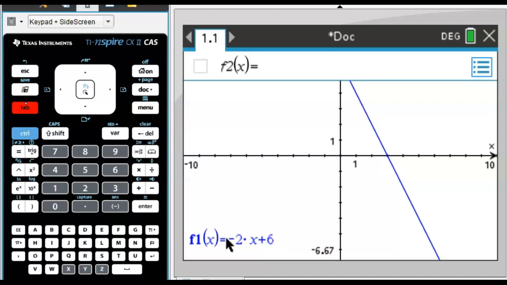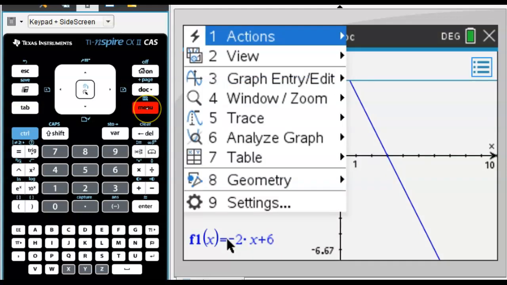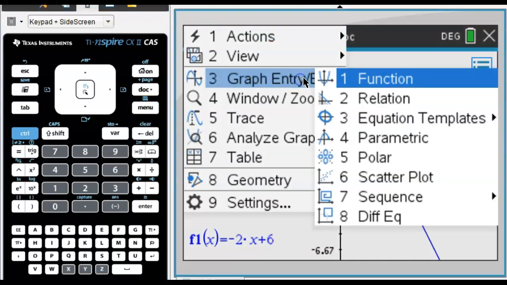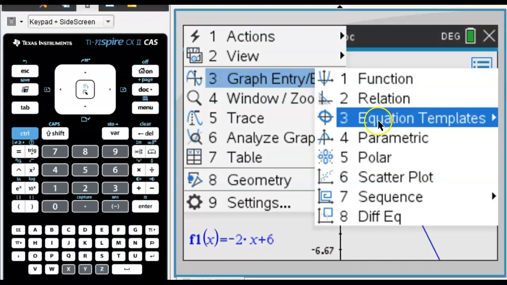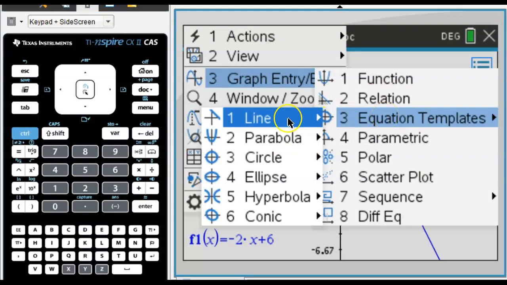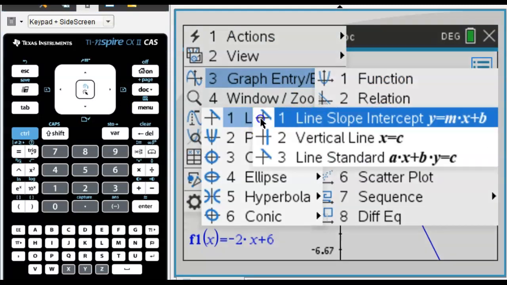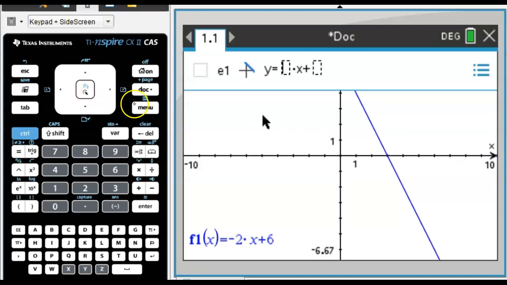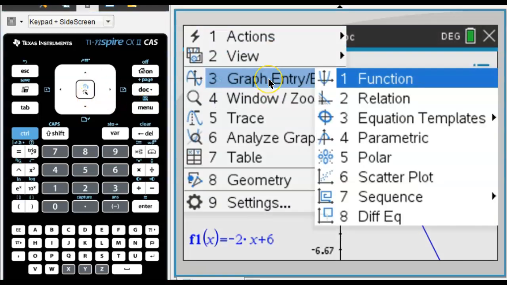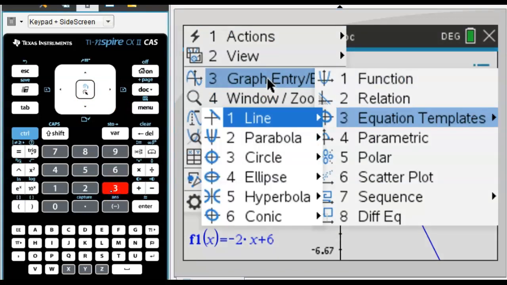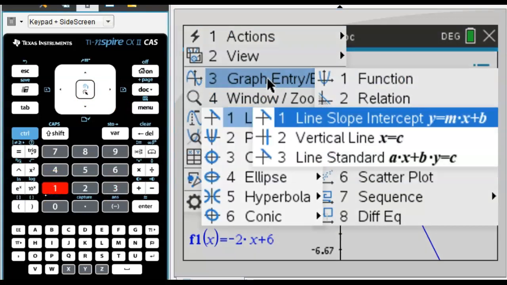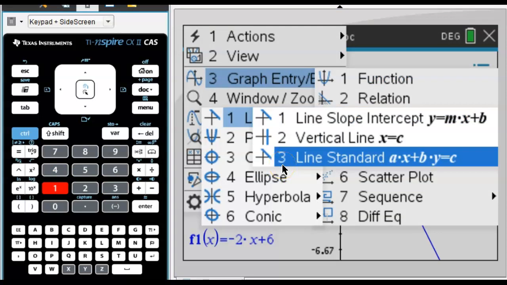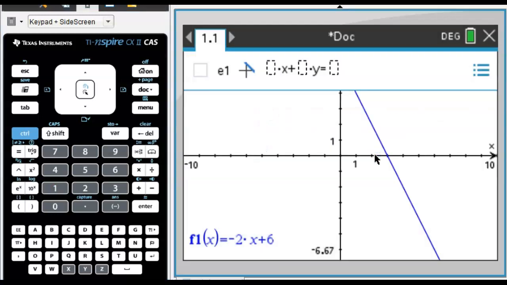So we need to go into menu, graph entry, then equation template, then equation templates for the line, and select the standard input, which is ax plus by equals c, which is what we need to sketch the second line.